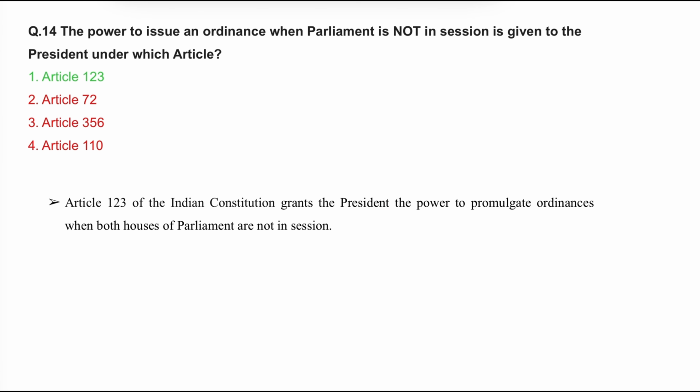Question number 14. The power to issue an ordinance when Parliament is not in session is given to the President under which article? Article 123 of the Indian Constitution grants the President the power to promulgate ordinances when both houses of Parliament are not in session.